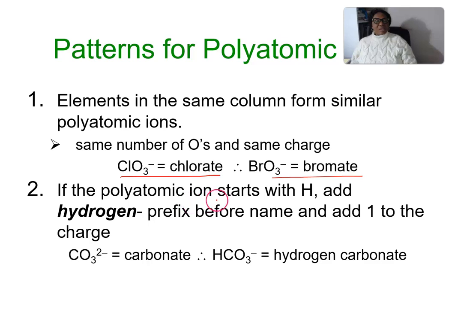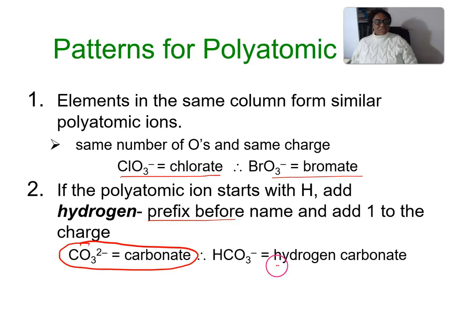If the polyatomic ion starts with hydrogen, add hydrogen as a prefix before the name and add 1 to the charge. So you see, this is carbonate. Its charge is minus 2. But if you add hydrogen here, the charge changes to -1 because you have added 1. -2 plus 1 is -1.